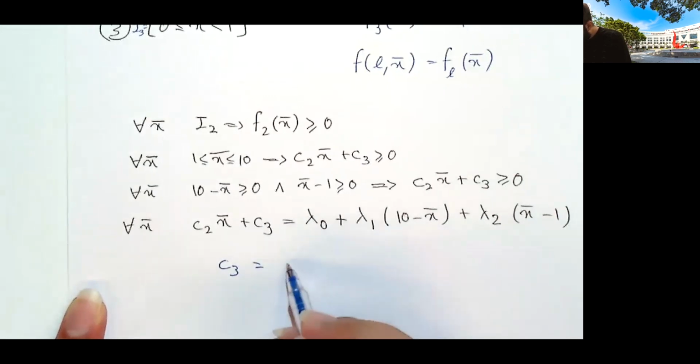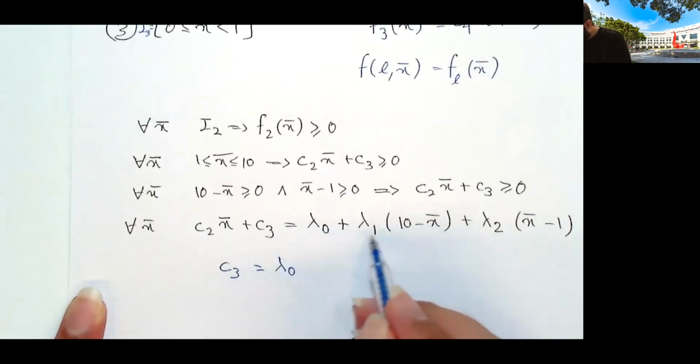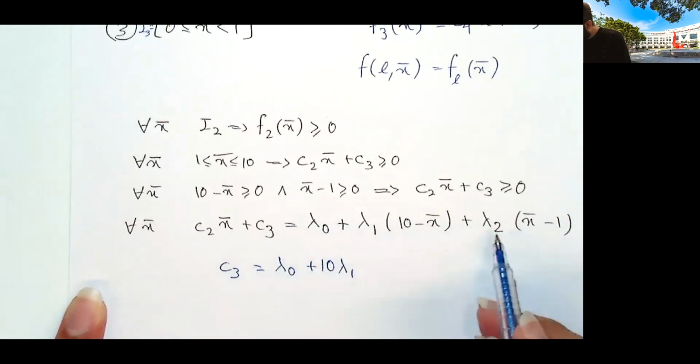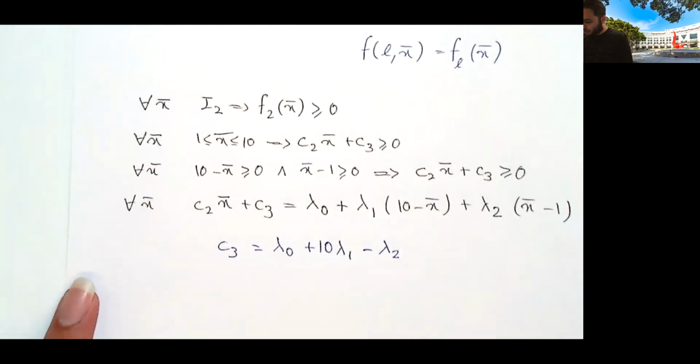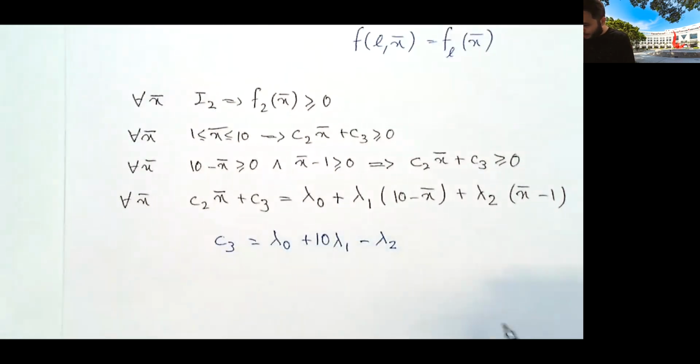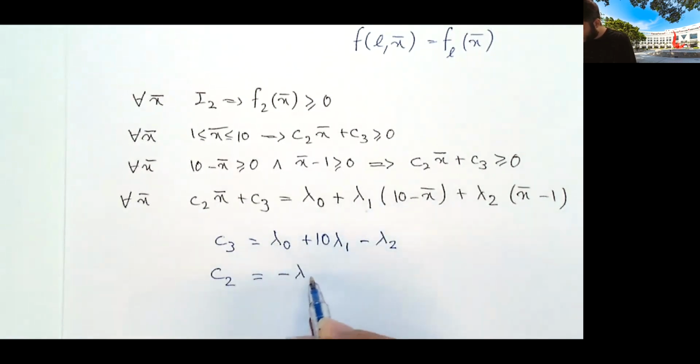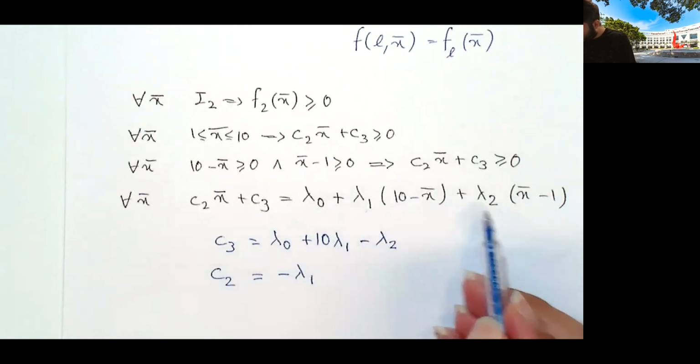On the right-hand side, we have lambda 0, we have 10 lambda 1, and we have minus lambda 2. Right? Okay. And now the coefficient of x. On the left-hand side, we have C2. On the right-hand side, we have minus lambda 1 plus lambda 2.